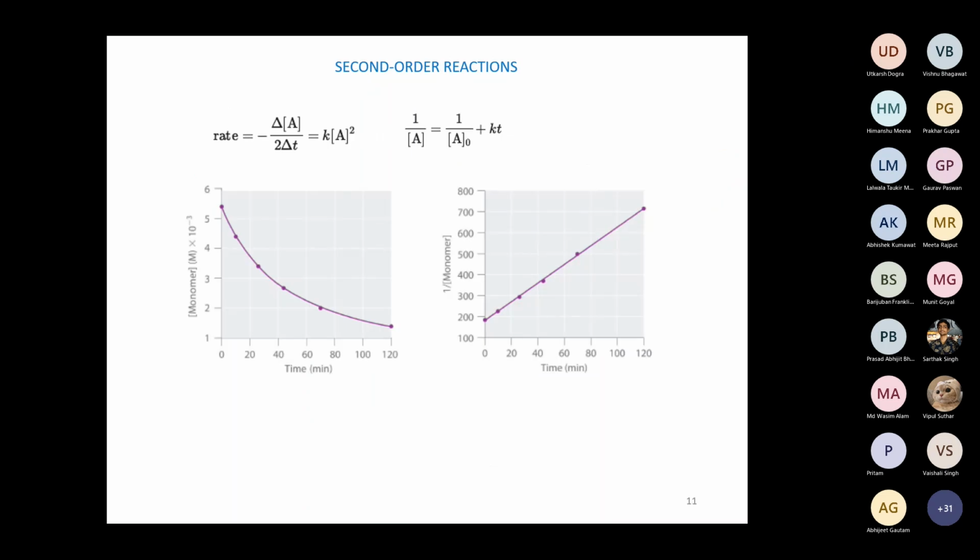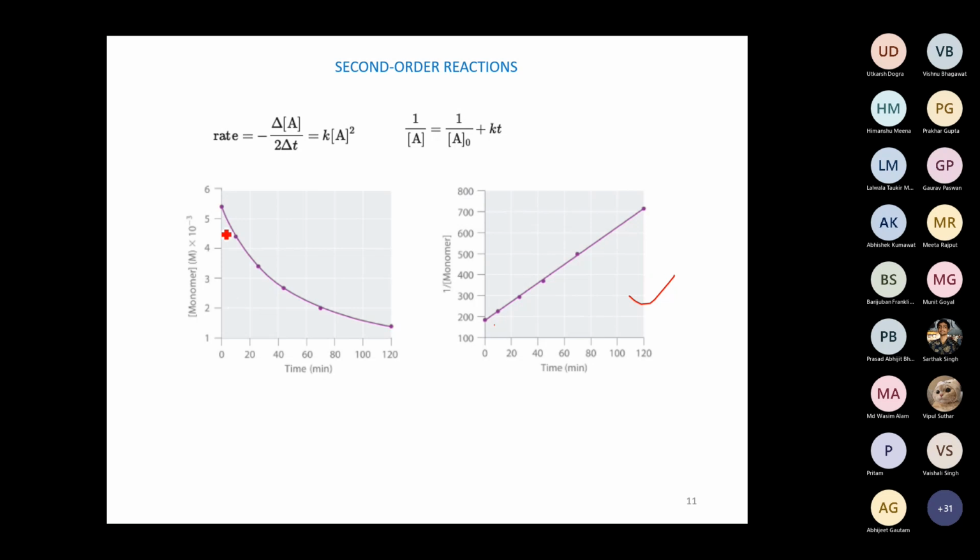Second order reactions: you know that the rate is second order with respect to the starting material. If the starting material is one kind, like A, then after the derivation you get the equation 1 by concentration of A equals 1 by concentration of A0 plus kt. So if you plot 1 by concentration of A versus t, you will get a straight line with positive slope, and from the slope you can get the rate constant.